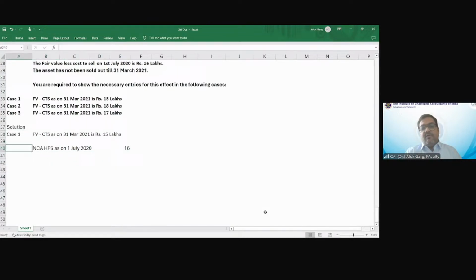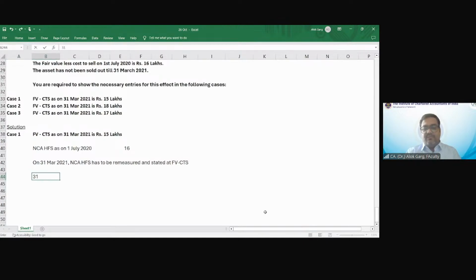Now on 31st March 21 it has to be remeasured. On 31st March 2021, NCA HFS has to be remeasured and stated at fair value less cost to sell. What is the fair value less cost to sell on 31st March? 15 lakh. So if I compare 15 and 16, the value has declined. What is the accounting entry on 31st March 21?